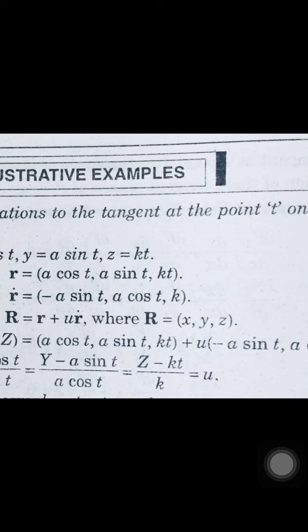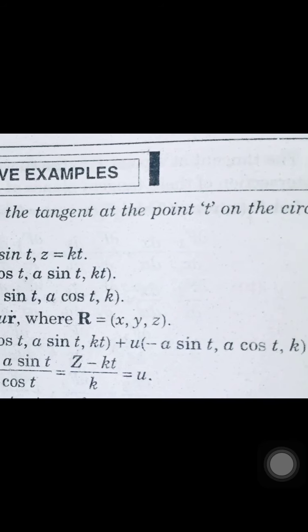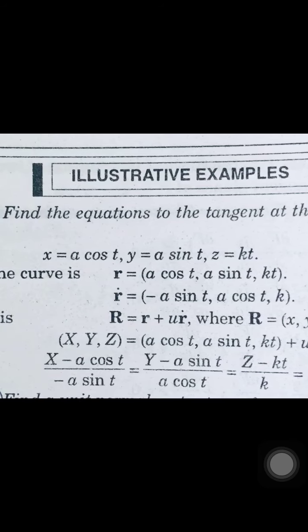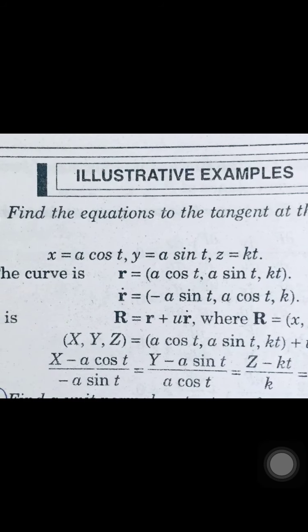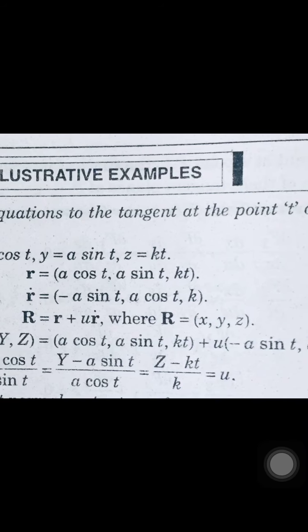Okay. So capital X comma Y comma Z is nothing but the value of r plus u into the value of r dot, which we have from 1 and 2, substitute here. Again we are taking u as common, so we get (X minus a cos t) upon minus a sin t is equal to (Y minus a sin t) upon a cos t, and is equal to (Z minus kt) upon k, is equal to u.